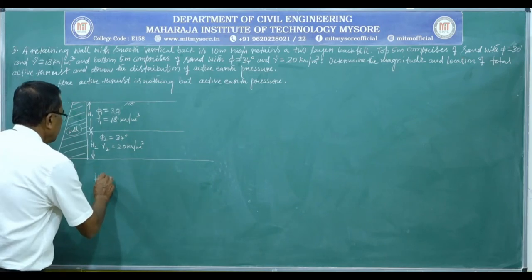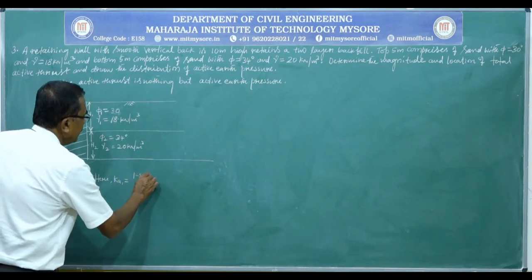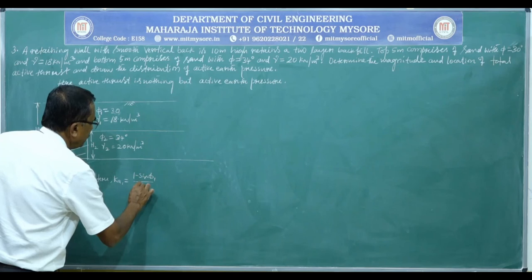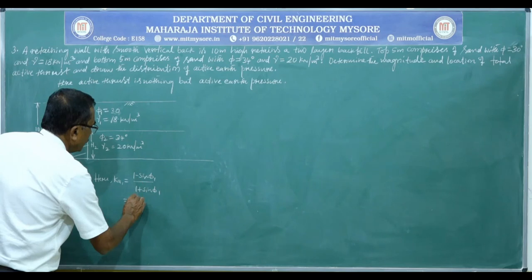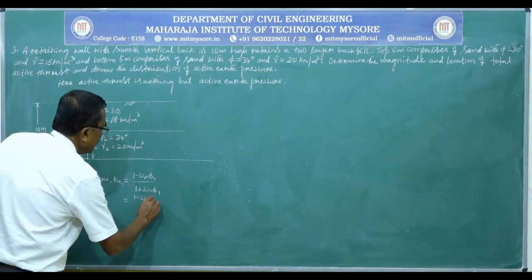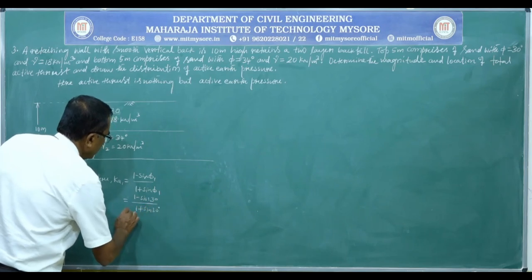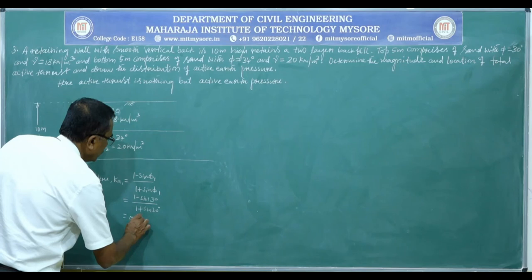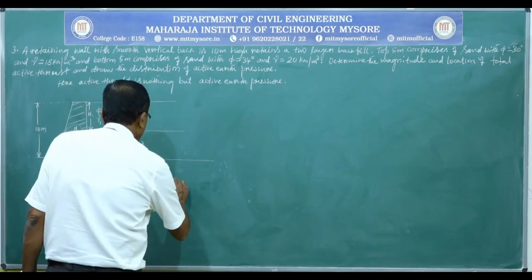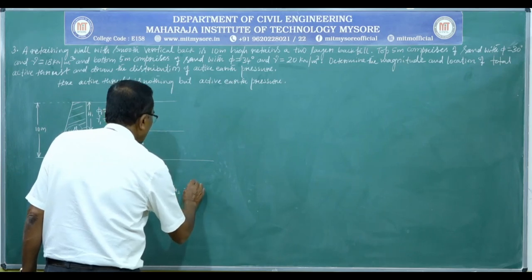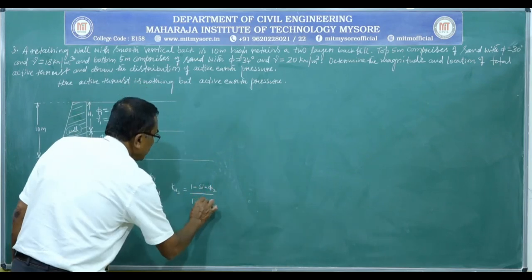So, here Ka1 is equal to 1 minus sin phi 1 divided by 1 plus sin phi 1, 1 minus sin of 30 degree that divided by 1 plus sin 30 degree is equal to 0.33. Same way, Ka2 is equal to 1 minus sin phi 2 divided by 1 plus sin phi 2.